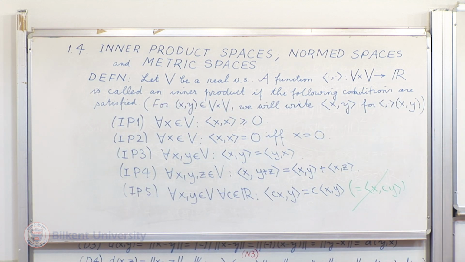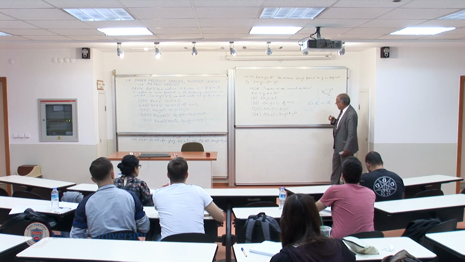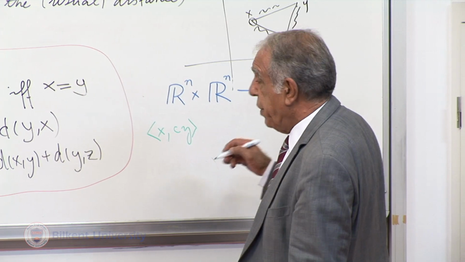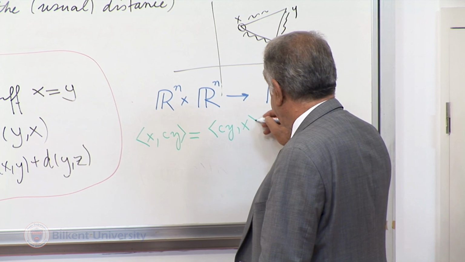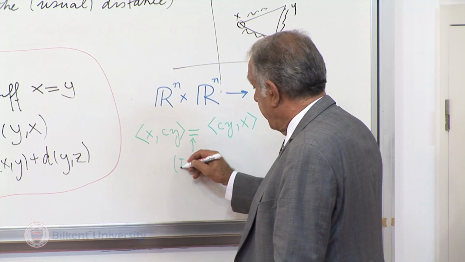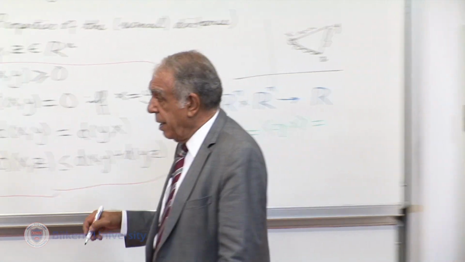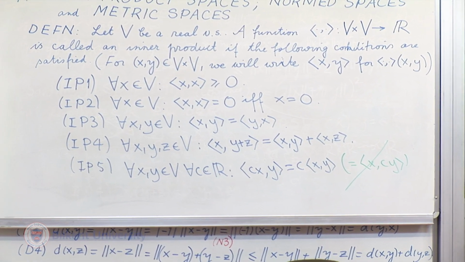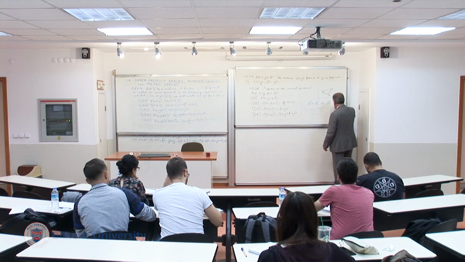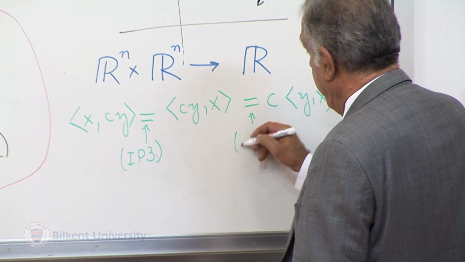Here, let's take x, Cy. Now by IP3, this is Cy, x. But then, by IP5, since this is for all xy, this is also for yx, C times yx, this is IP5.